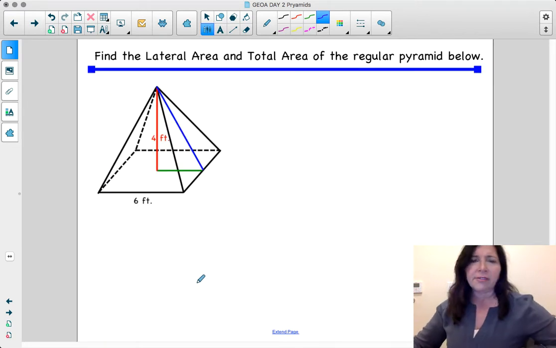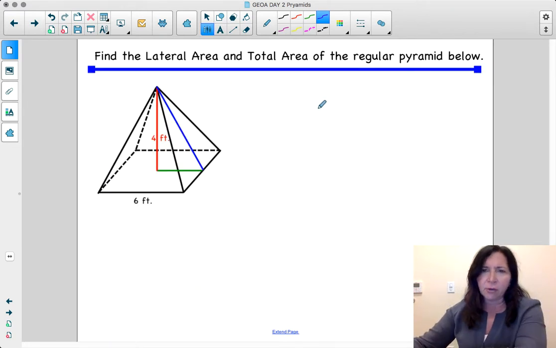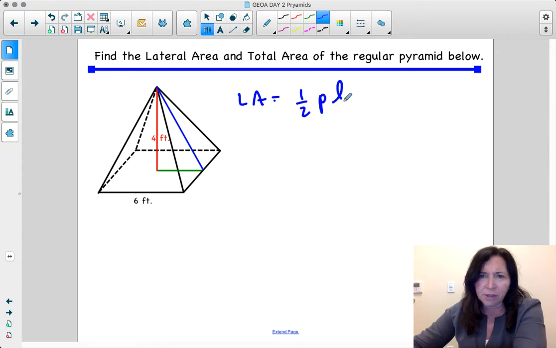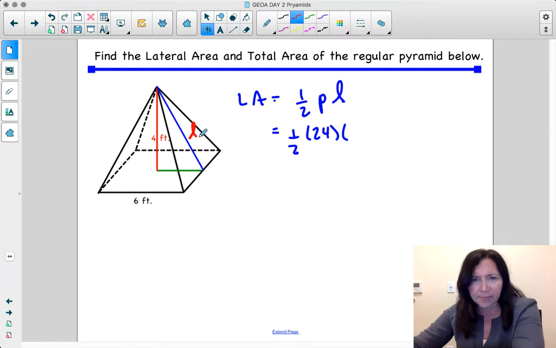So we're going to try this. Find the lateral area and total area of the regular pyramid below. So this being a pyramid, I want the lateral area, which is 1/2 perimeter times my slant height. So 1/2 my perimeter, which is 6 times 4, so that's going to be 24, times my slant height, which, by the way, they didn't give me, okay, which is this length right here.